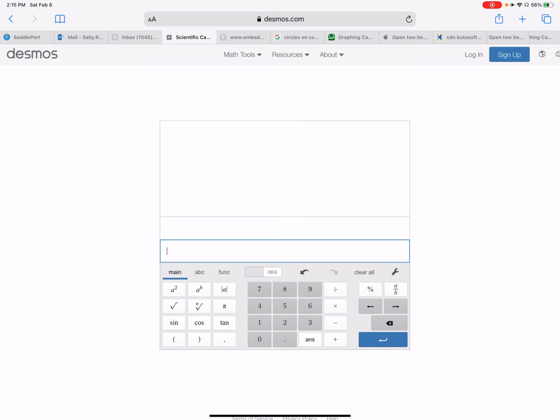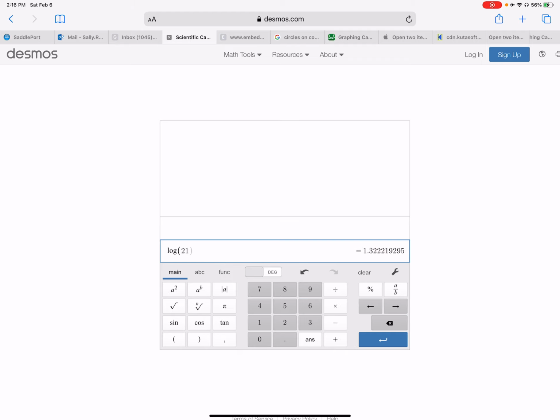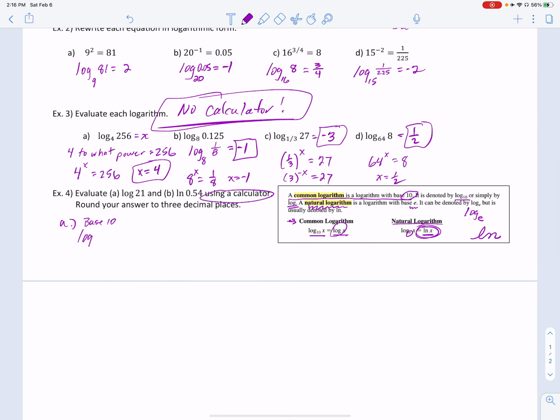And so I'm going to go to functions, and you'll notice towards the right, we have log. And we're evaluating log of 21, right parenthesis. And we're going to go to 3 decimal places. So 1.322. It's approximately. So use squiggle equals approximately equal to, and round to 3 decimal places.